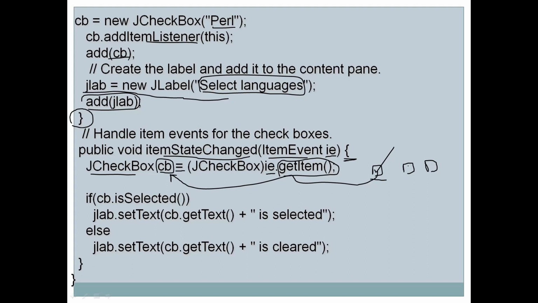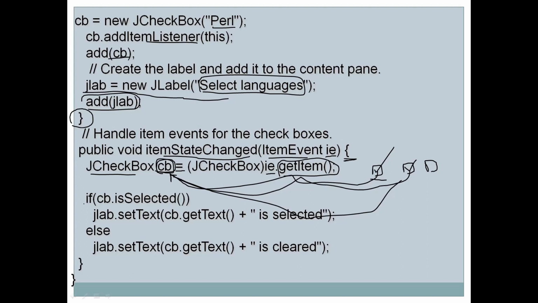If I click on the second checkbox, then this checkbox's reference we can get by using getItem, and that is stored in cb. Now, cb is pointing to the second checkbox, and so on. Whatever checkbox you click, its reference we can get by using getItem, and once you have the reference, you can perform any operation on that particular checkbox.